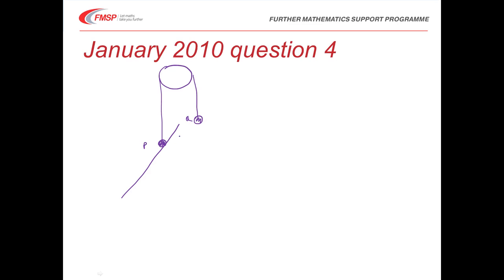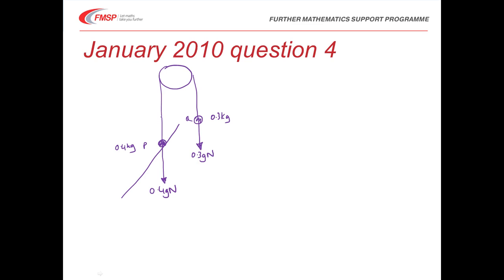Okay, let's put some weights in. The mass of P is 0.4 kilograms, so its weight is 0.4g newtons. And for Q, its mass is 0.3 kilograms, so its weight is 0.3g newtons.